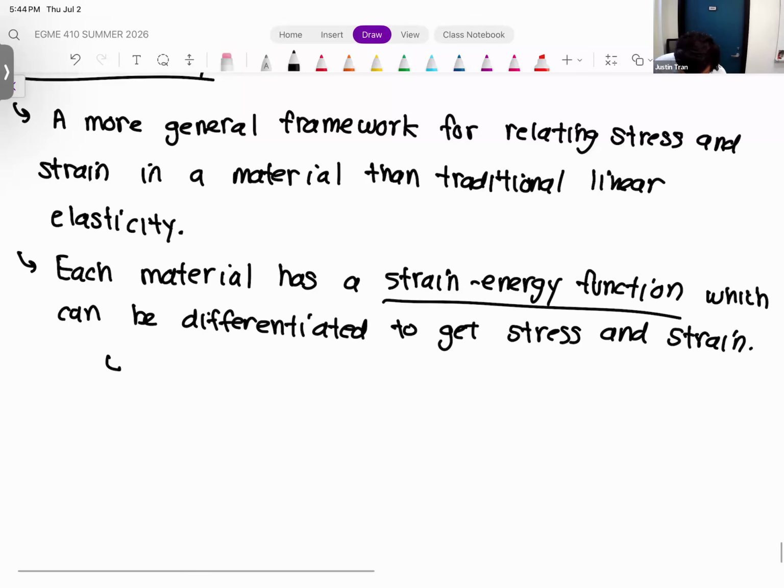Again, this is just me looking at it from an outsider's perspective. I haven't really done much with hyperelasticity in my work. But the idea is that every material has a certain amount of potential energy that gets conserved as the structure undergoes different states of deformation.